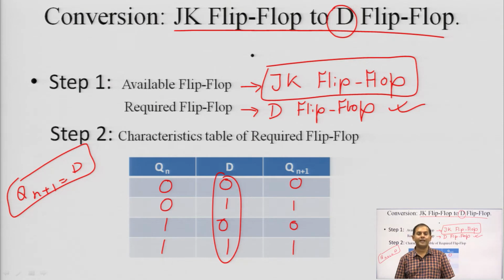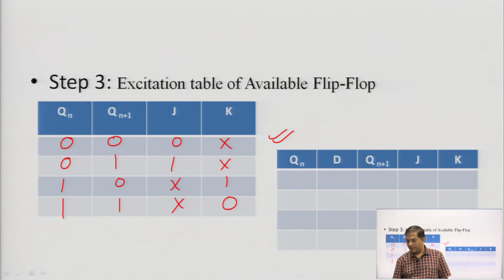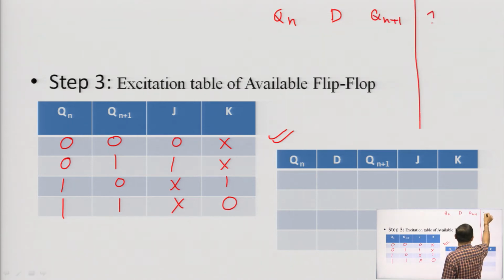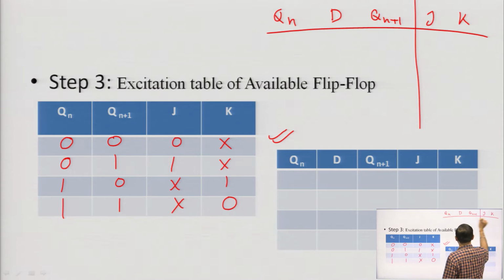So, we are now merging both the excitation table and characteristic table and writing the final table. If it is not visible, you can write like this: D, Qn plus 1 and J and K. Okay. So, let us check Qn, D.